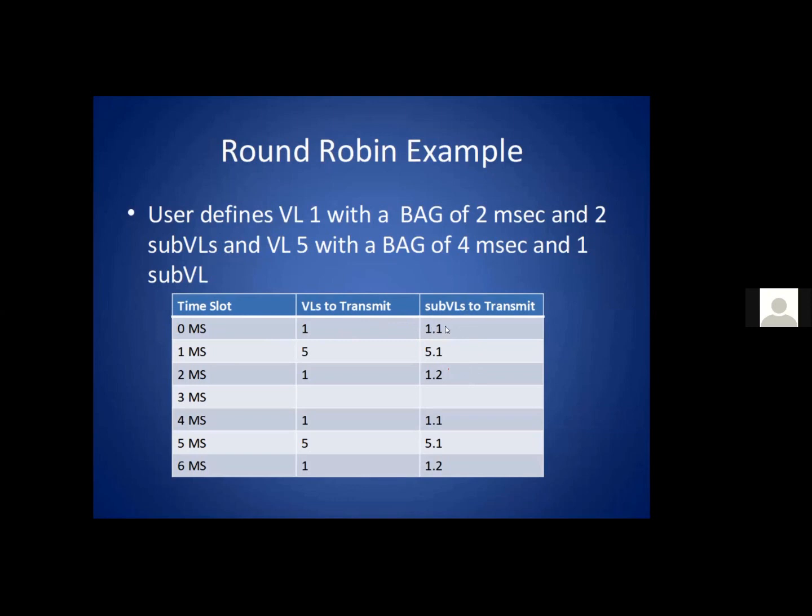At time 0, we're sending out the first sub-VL, and at time 2, we're sending out the second. Then at time 4, we go back to the first, and at time 6, back to the second. That's the round robin idea. And again, we handle that. All the user has to do is define how many sub-VLs there are in this VL.